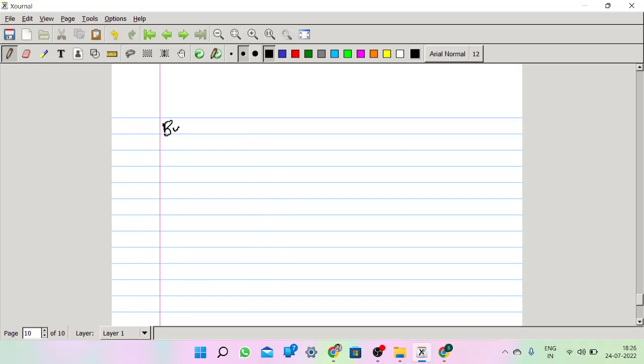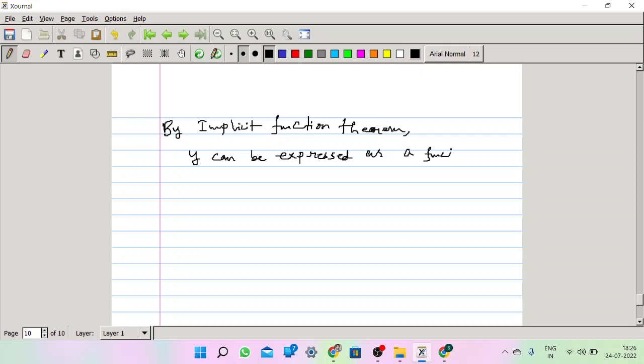By the implicit function theorem, y can be expressed as a function of x in the neighborhood of the point minus 1 comma 1.